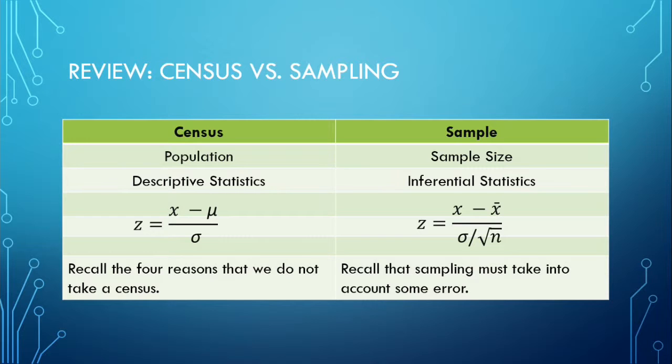And z is equal to x minus x bar, which is our sample mean, divided by sigma, our standard deviation, divided by the square root of our sample size. Now, recall that sampling must take into account some error because we are not absolutely sure about everything in the population. This is why we call it inferential statistics.